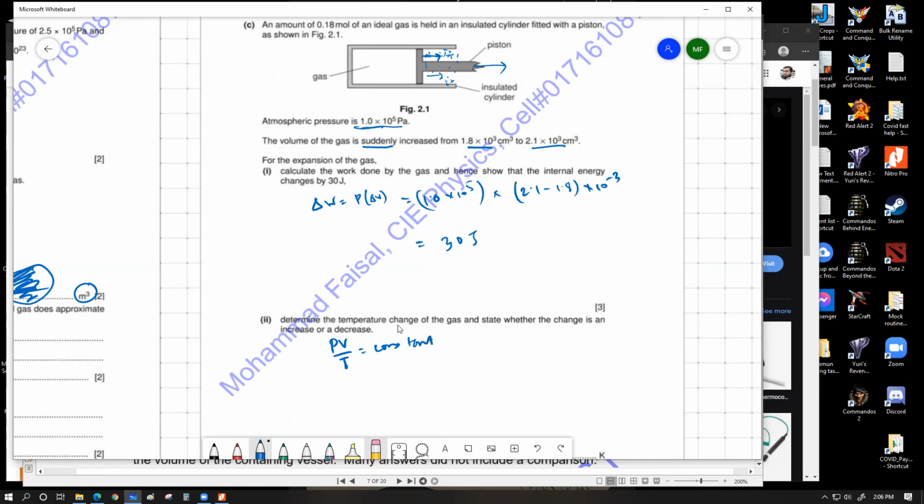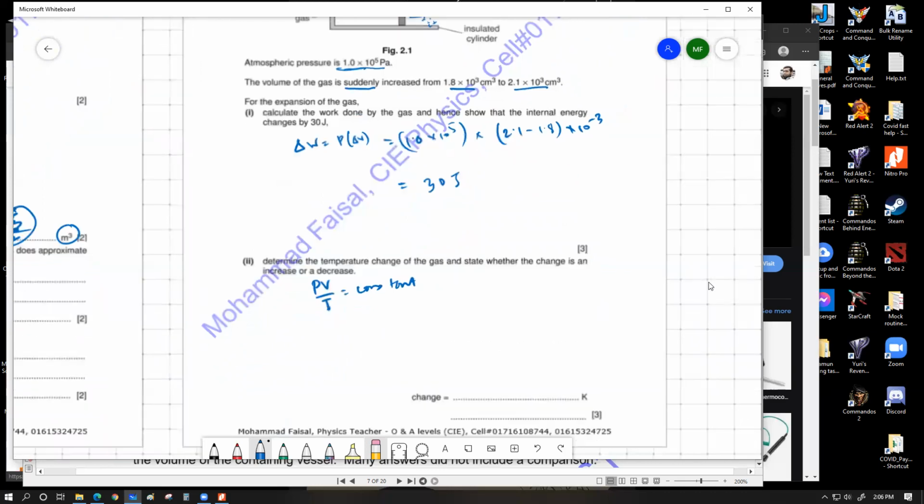You don't have to write this; I'm just writing it to show you what formula I'm using. This would lead us to P1 V1 by T1 equals P2 V2 by T2. Can we do that actually? We cannot, because we do not know the inside pressure variation of the gas.